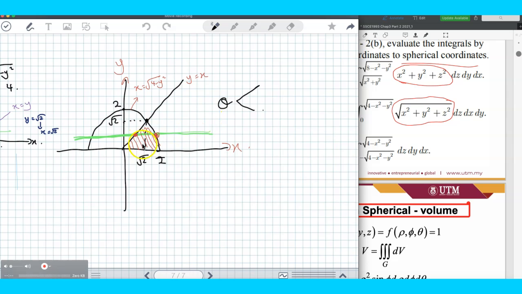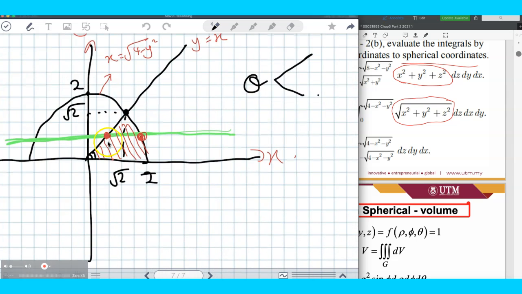So this is your region, and part of your region passes through the origin, right? The smallest theta, where x is positive, is along the x-axis, because part of the region is the line of the x-axis. So your theta will be 0. And the highest theta, you have to find.